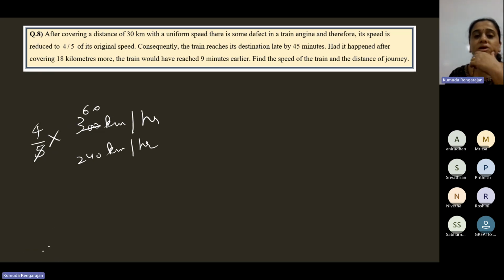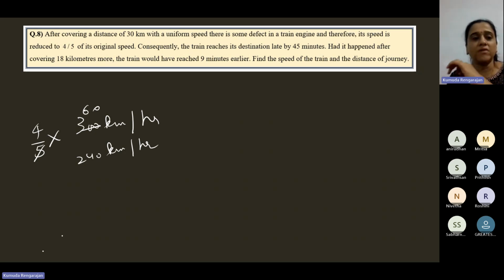Consequently, the train reaches its destination late by 45 minutes because of the defect in the engine and the reduced speed.